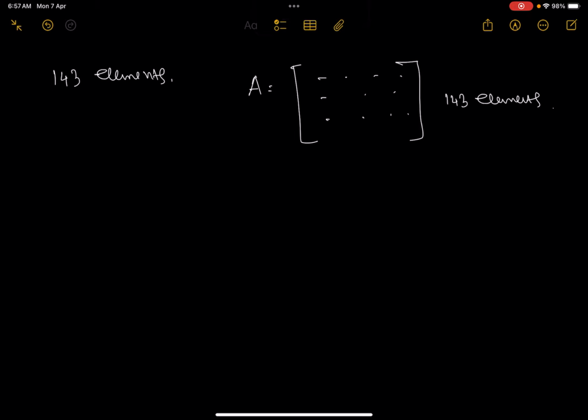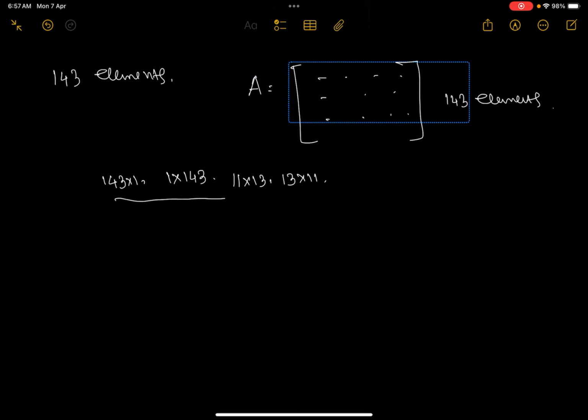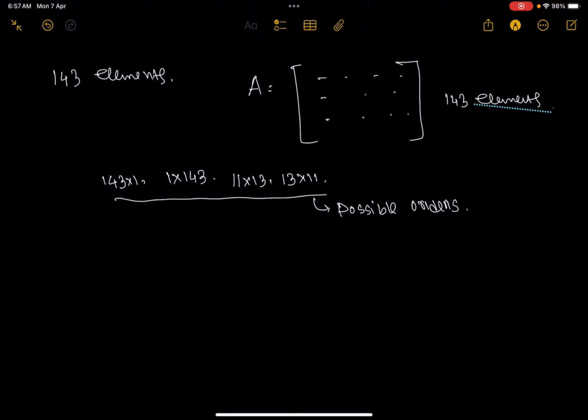What is the possible order? Possible orders can be written as 143 into 1, 1 into 143, and also we take divisors. What are the divisors of 143? We can express it as 11 into 13, and also its opposite, 13 into 11. So there are 4 possible orders.